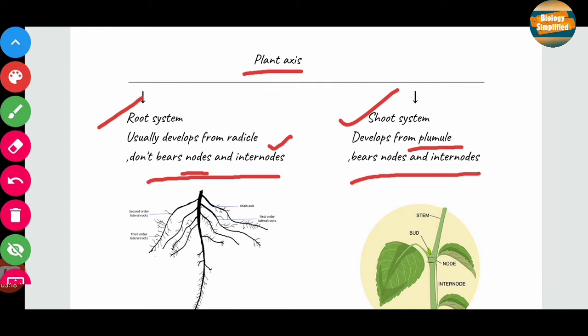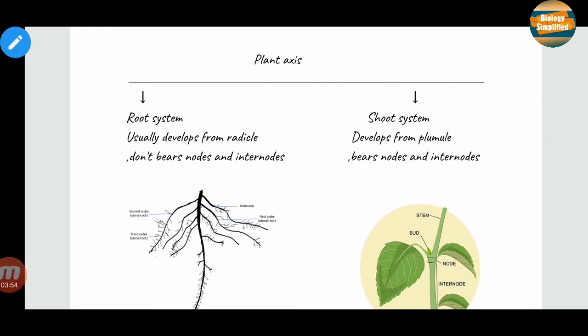As I have told earlier, nodes are the structures from where a leaf arises. We can see in this diagram, this is a node from which a leaf has arisen, and the internode is the distance between two nodes. Most importantly, the shoot system develops upwards, that is, it is negatively geotropic.